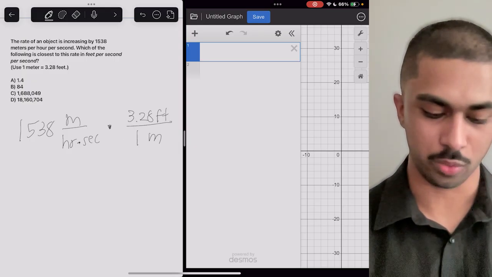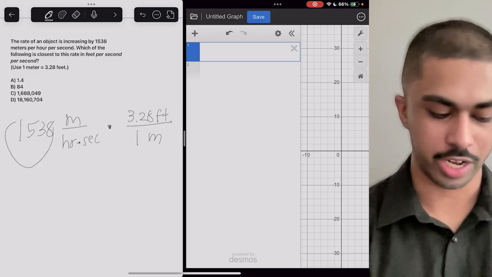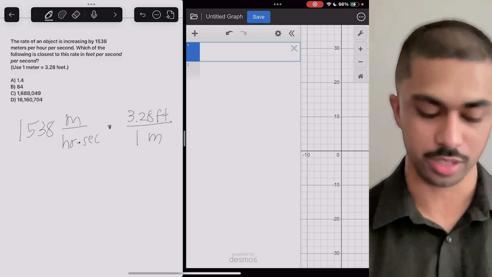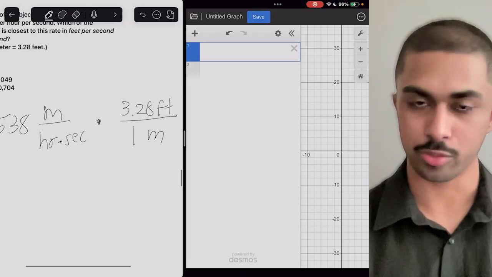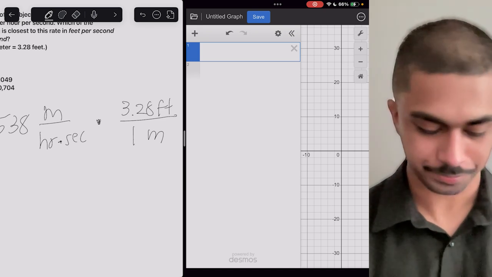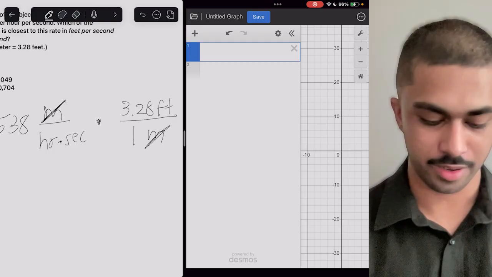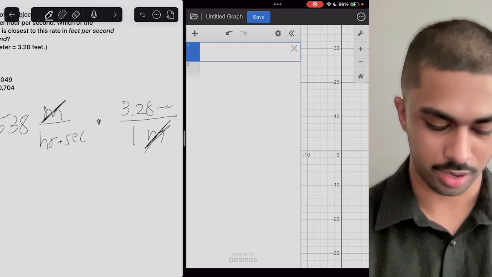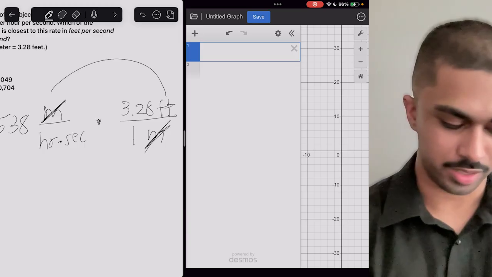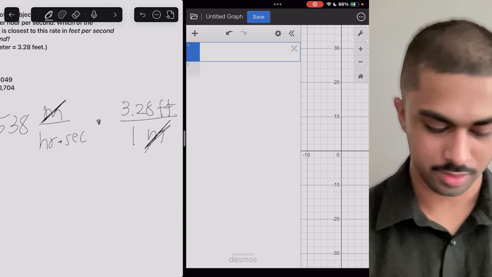This fraction is basically 1 over 1, so we're not changing this number at all. We're only changing the units, because we're multiplying by basically 1. If you see meters in the numerator and in the denominator, they cancel out, and this new unit in the numerator gets replaced with feet.